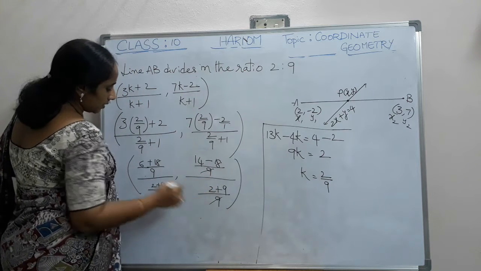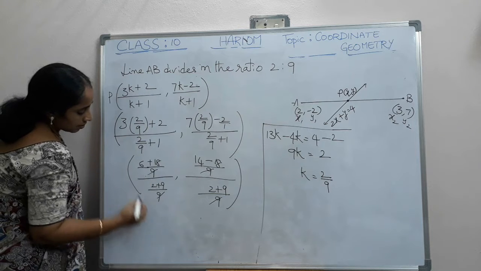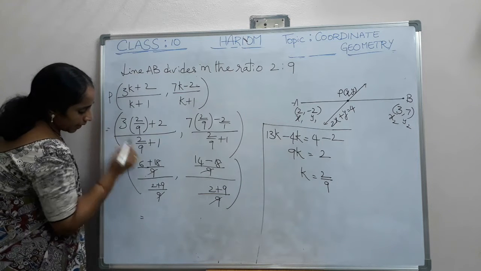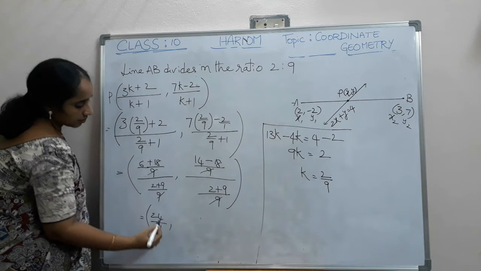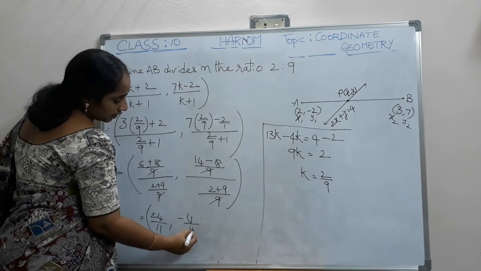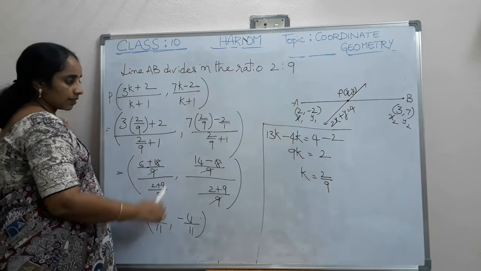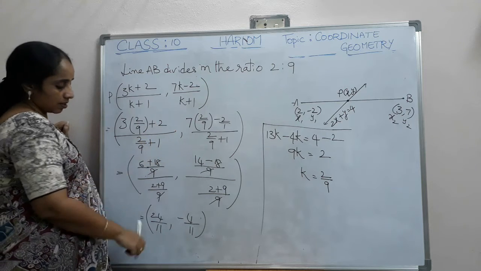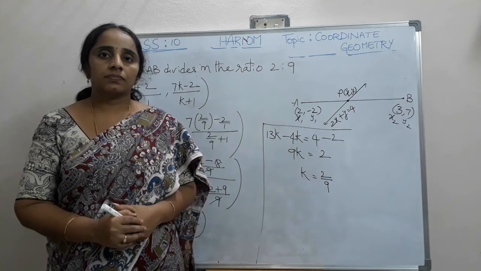The 9s get cancelled. That is 24 by 11, minus 4 by 11. So the coordinates of P are 24 by 11, minus 4 by 11.